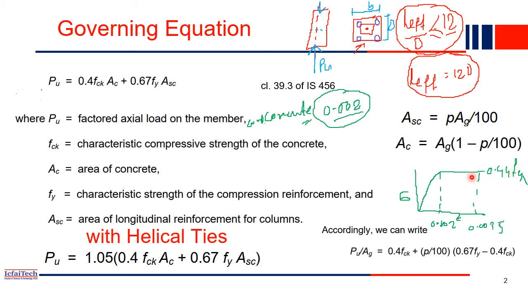So if you reduce this value by 10%, what do you get? 0.446 into 0.9, so we reduce it by 10%, and this value comes out to be 0.4.